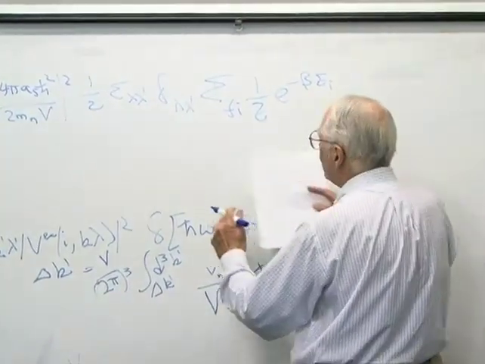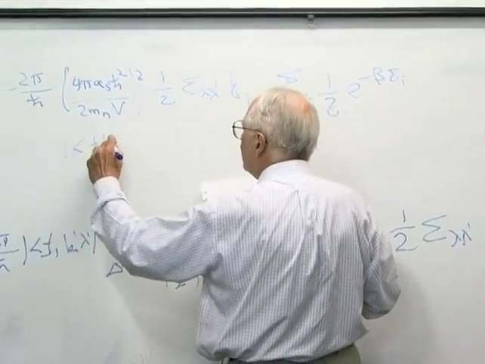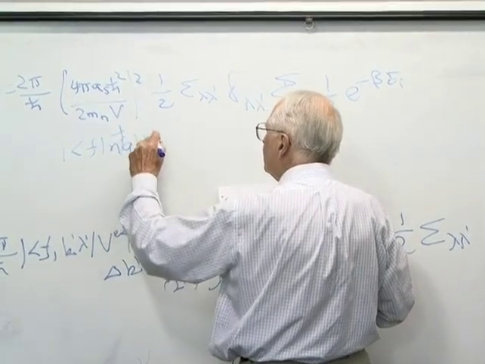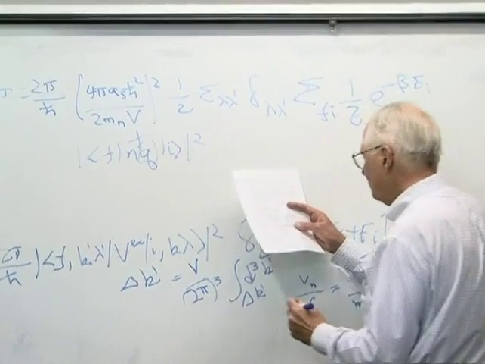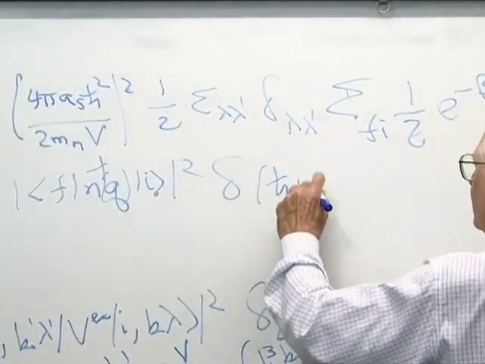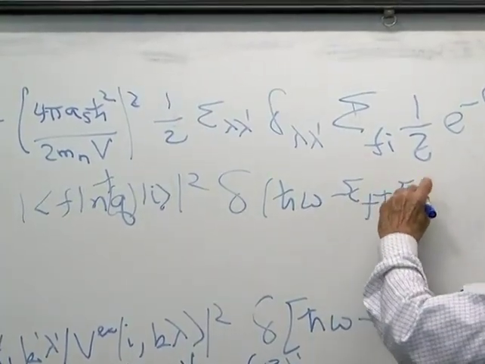This whole thing is now multiplied by |⟨f n q| adjoint |I⟩|² absolute value squared. You get the delta function δ(ħω − E_f + E_i).